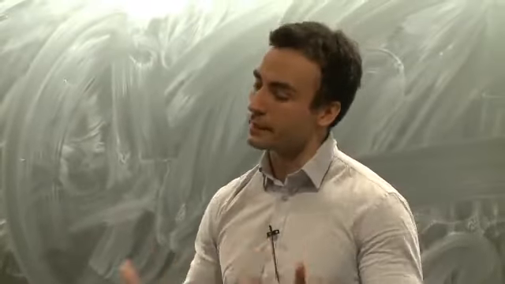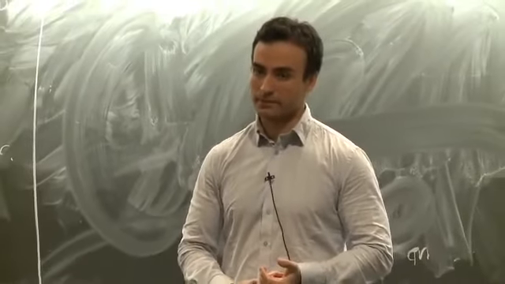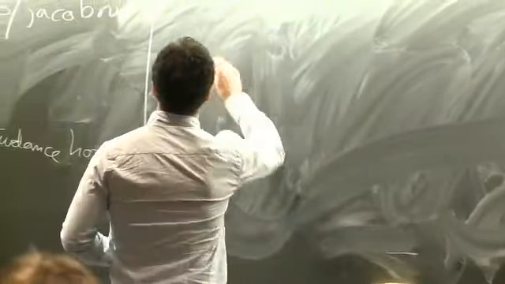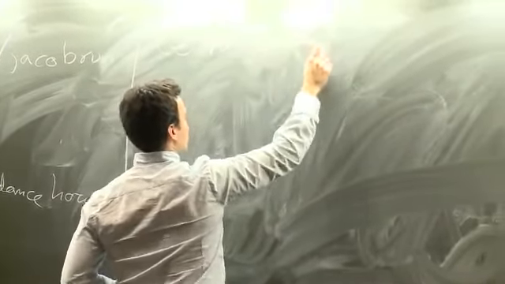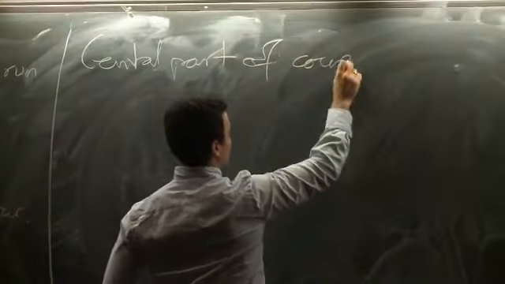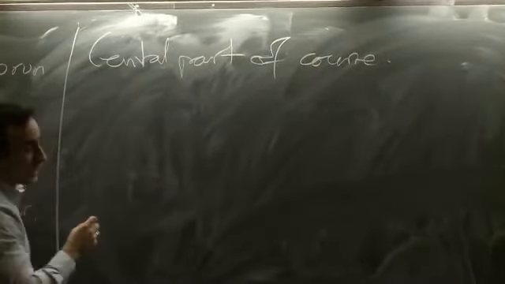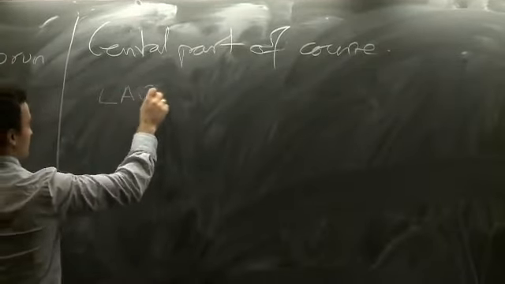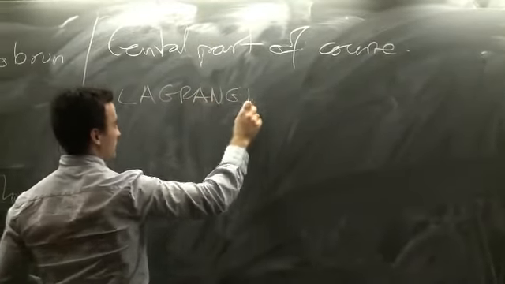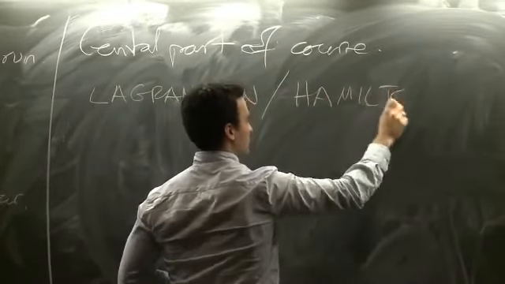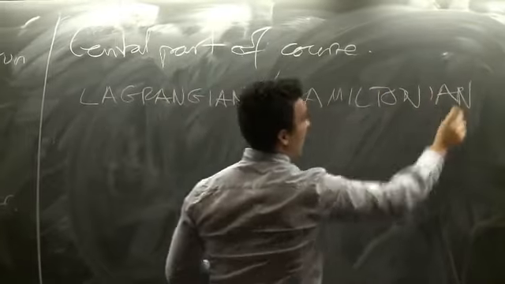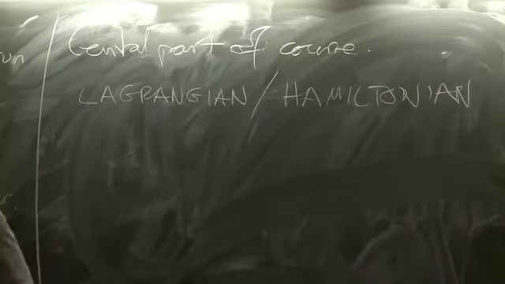So a bit more specifically, a very big part of this course is going to revolve around the introduction of two specific formalisms. And they're known as the Lagrangian and the Hamiltonian formalism.